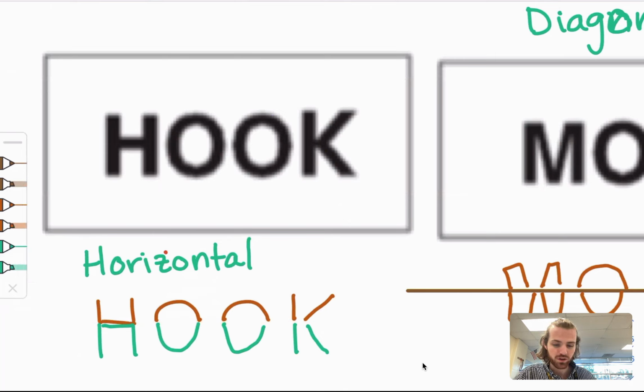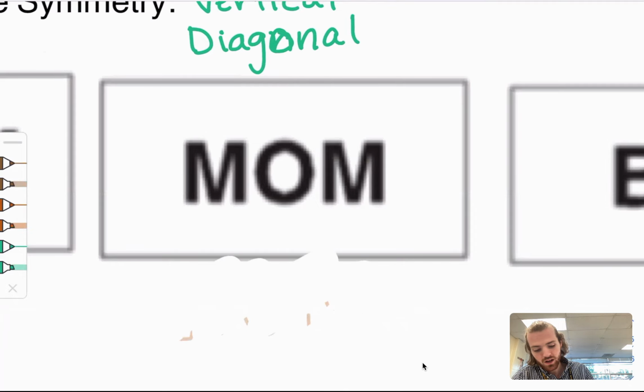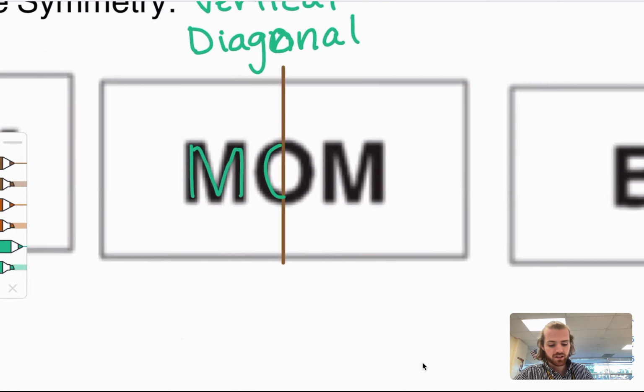Here we have some weird jumbled up mess for mom. So it's definitely not horizontal symmetry. The question is, what is it? Maybe we'll try vertical symmetry. Well, if I trace and trace, when I fold it, I'd end up getting this.